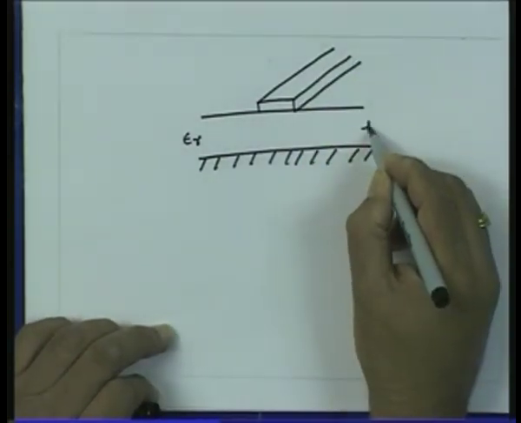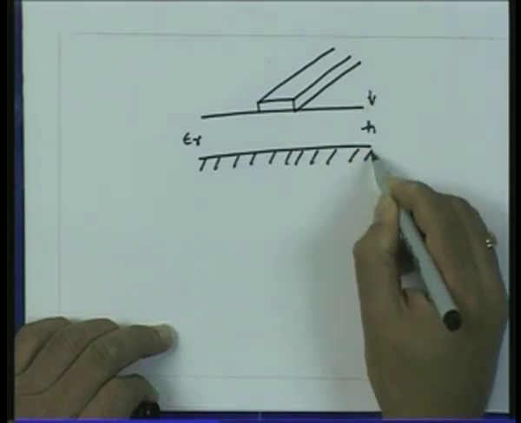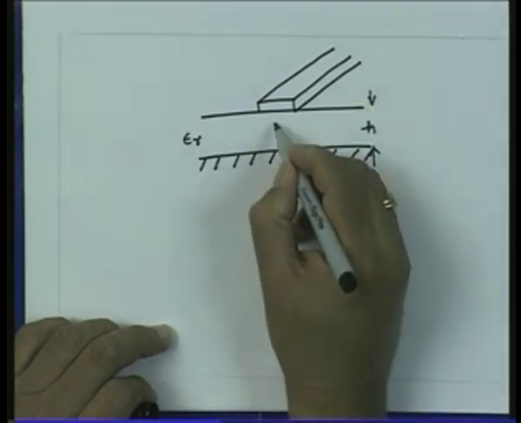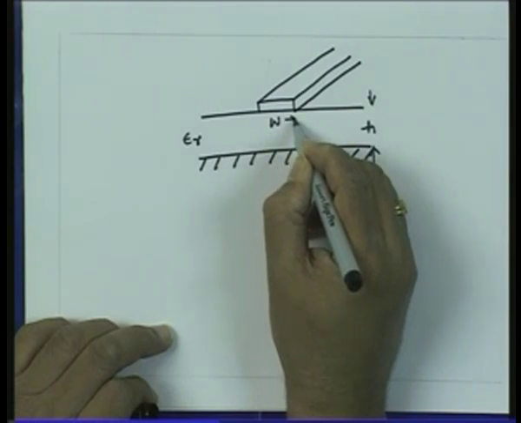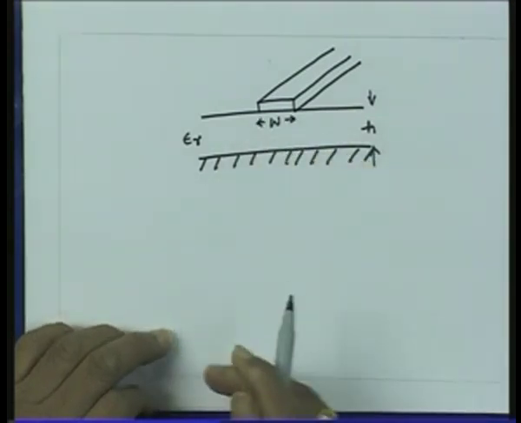The height of this dielectric slab is, let us say, h, and the width of this is, let us say, w.